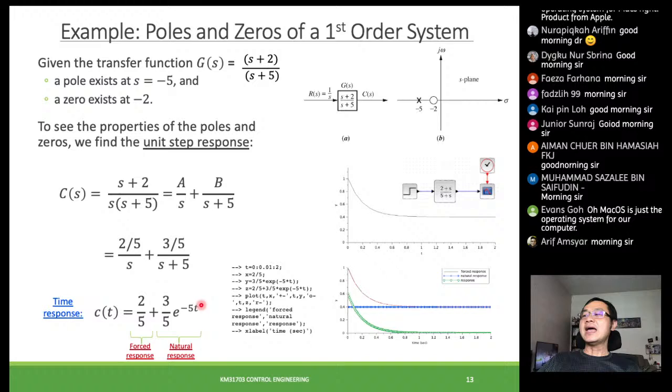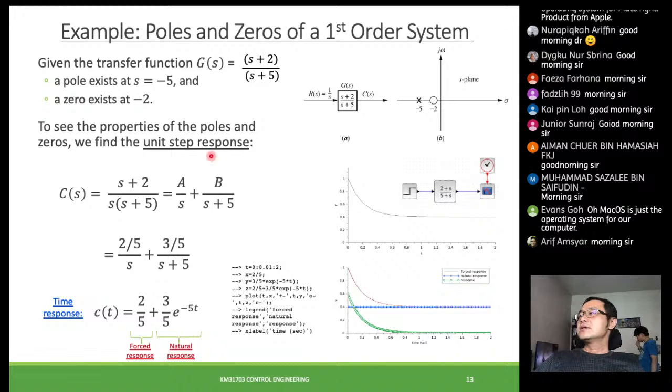You can see that the time response itself consists of 2 parts. The first part would be the forced response, which is independent of time, whereas the second part will be the natural response, which will keep oscillating according to time, right? So that would be the forced and natural response. When we combine that, we form the time response for the whole system.